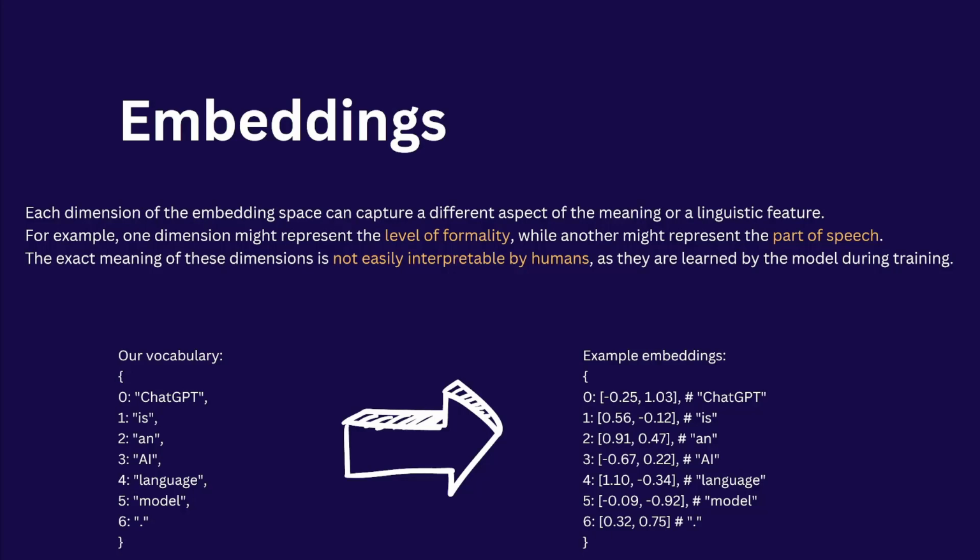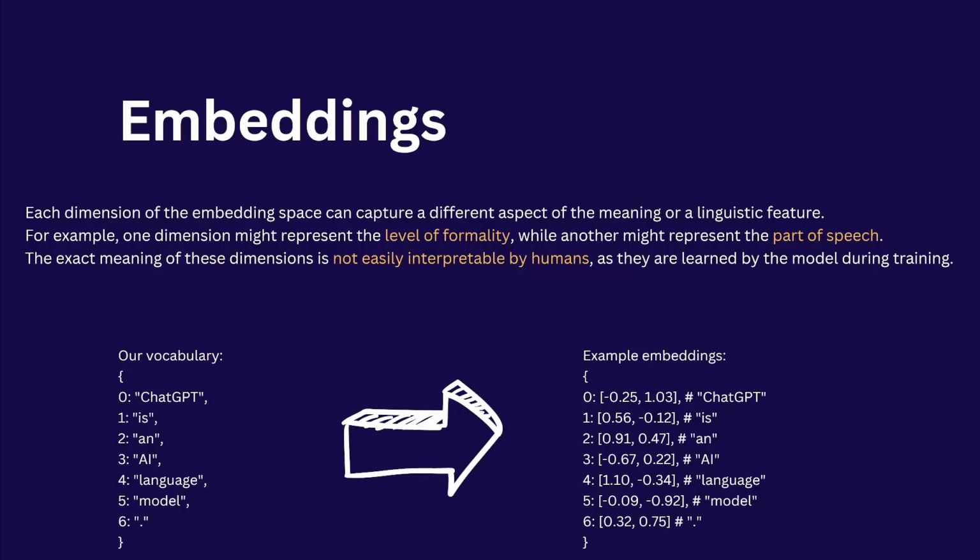Each dimension of the embedding space can capture a different aspect of the meaning or a linguistic feature. For example, one dimension might represent the level of formality, while another might represent the part of speech.